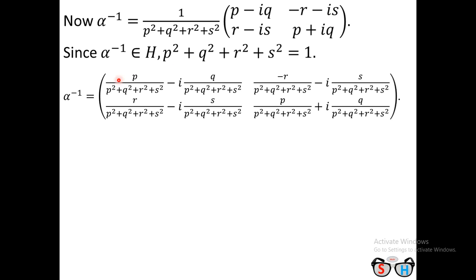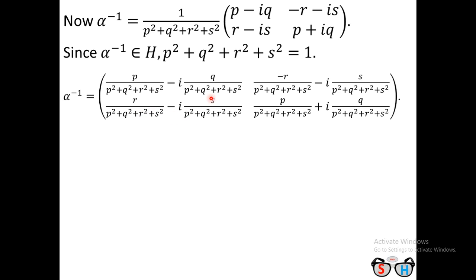You see that alpha inverse has something plus I into something in each entry. Each real part and imaginary part must be an integer, because alpha inverse belongs to H. Since H contains all matrices whose components are of the form A plus IB, where A and B are integers, they are the real part and the imaginary part. All the components must be integers.